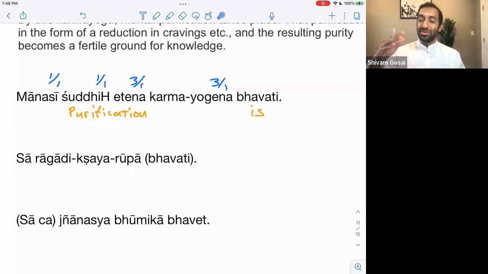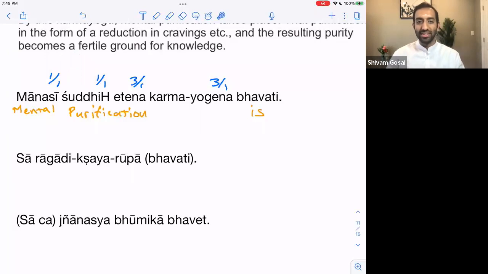Like we would use the word mental, right? All things that belong to the mind are mental. Mental thoughts, mental acts, mental prayer, right? All that belongs to the mind is called mental. So mental purification is. So what's the relationship between these two words?